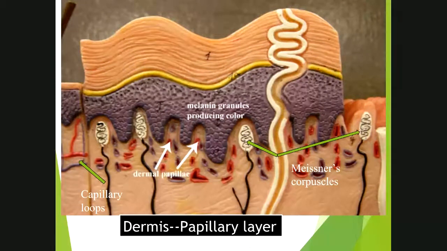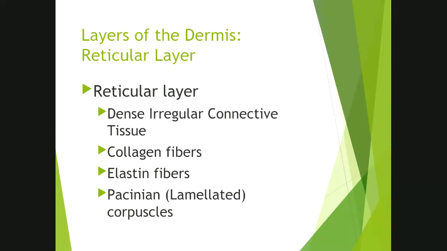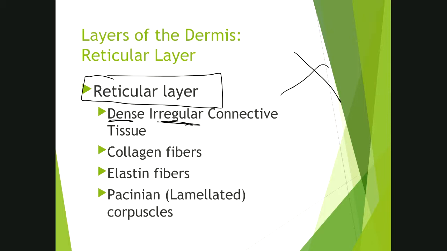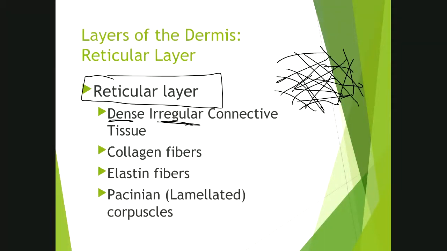let's look at the deeper layer. So the deeper layer is this reticular layer. And the reticular layer is not areolar or connective tissue. It's dense, irregular. So remember, dense, irregular has collagen and some elastin, but the fibers are running every which way. And a good way to think about this is think of it like canvas or upholstery cloth or something. And just like you can wrap upholstery cloth around a couch, this is wrapped around our body. And what it does is it provides strength to the skin. So this is the strong part of the skin.